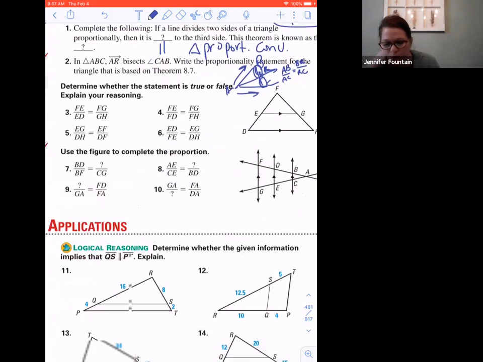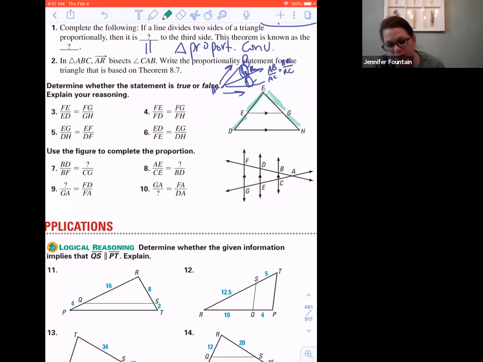All right, 3 through 6, determine whether the statement is true or false and explain your reasoning. Okay, so in this one, it says FE is to ED as FG is to GH. True or false? That's going to be true. Okay, we've got our parallel lines intersecting our sides. So where those two parallel lines intersect, I know that my sides are proportional.